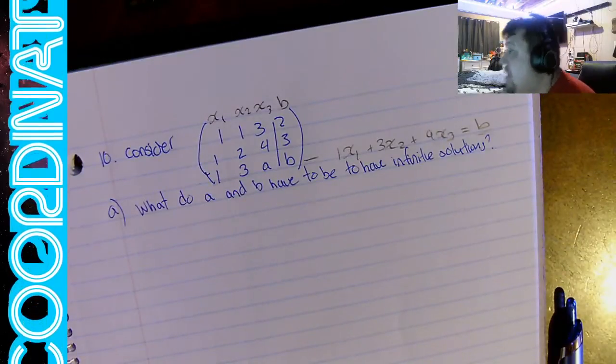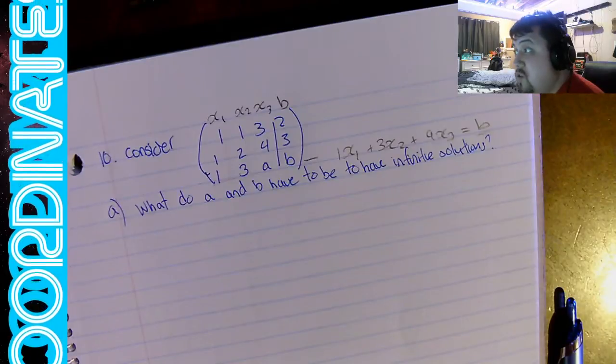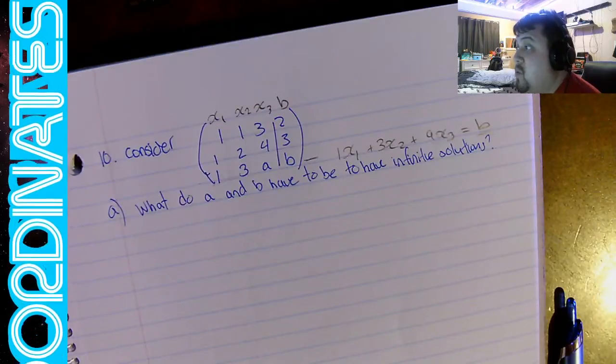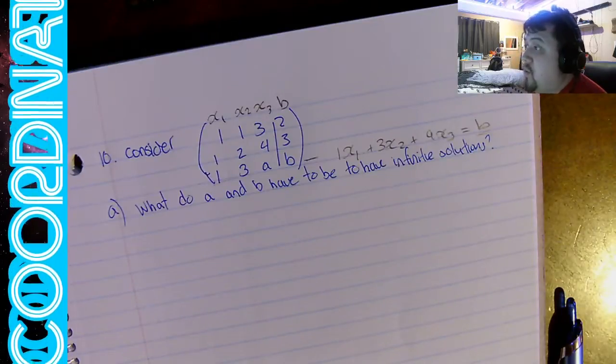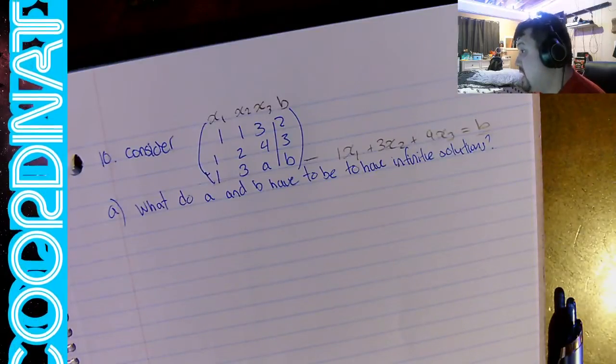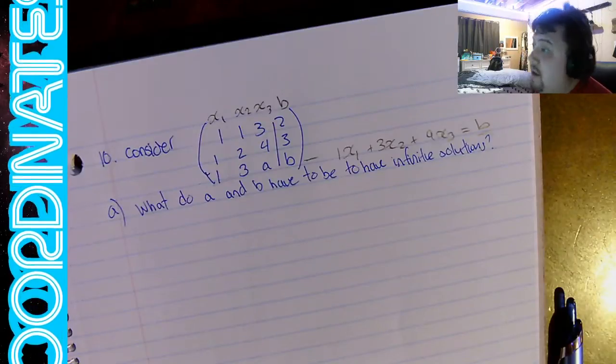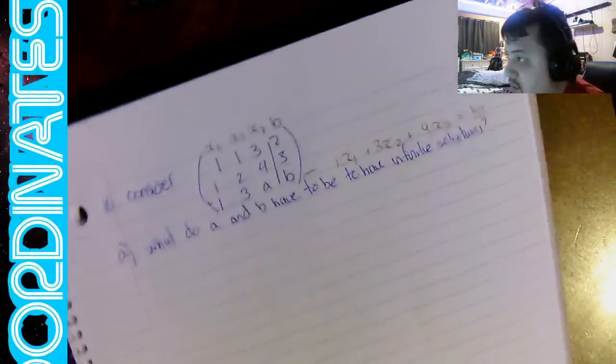In order to find that, we need to find a parameter, like in the previous question that we just did, where something is equal to t. And to do that, we have to solve. So first things first, let's solve this.